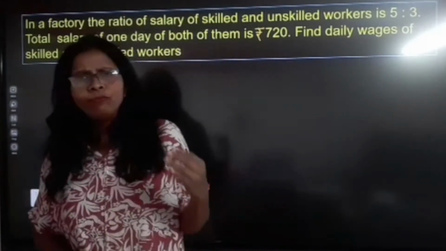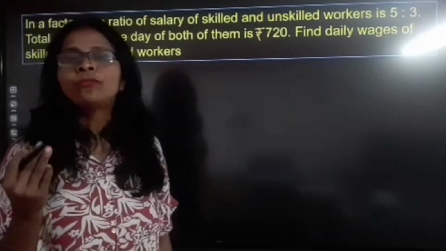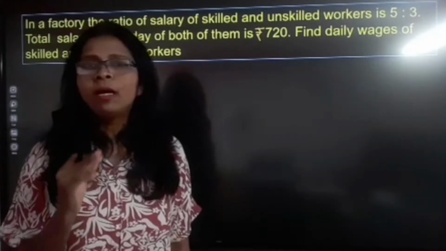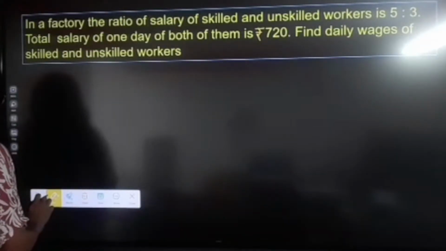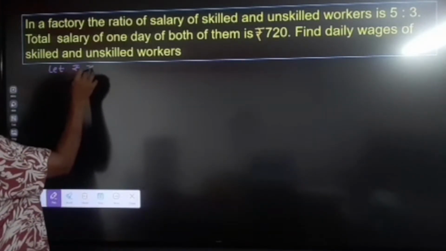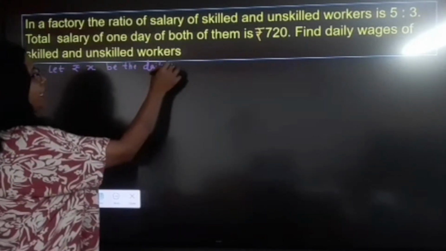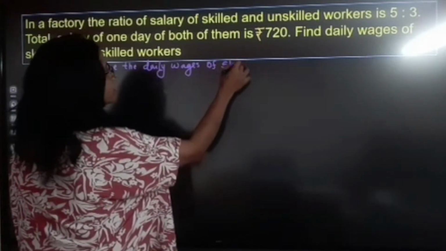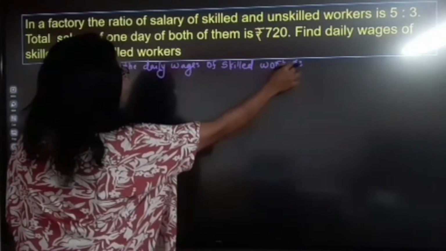So now we start from the consideration of the daily wages of skilled workers as well as the daily wages of unskilled workers. So I write down first the statement: let rupees X be the daily wages of skilled workers.